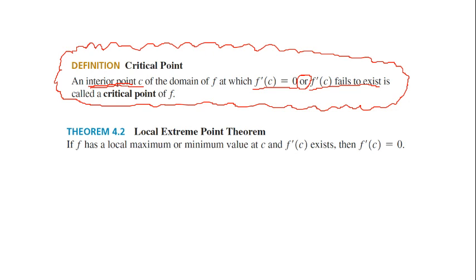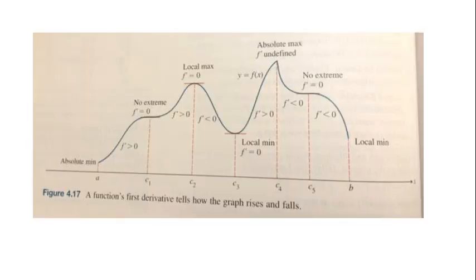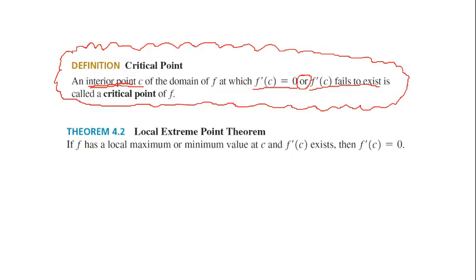So what that means about local extrema, if you have a local minimum or maximum and the derivative exists, that means the derivative is equal to 0. So what that means is that local extrema always occur at critical points.